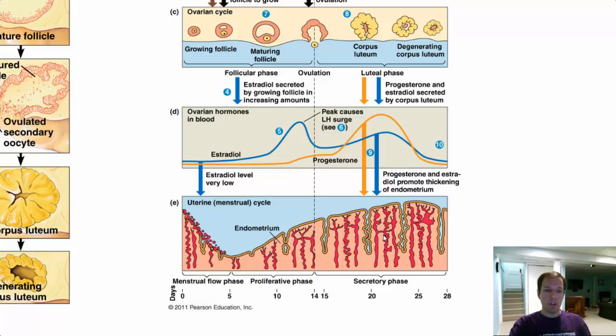Progesterone sends a message to the uterus, telling the uterus to increase even further the thickness and the blood supply to get ready. Because if this egg is fertilized and it ends up here, that egg needs to implant and use that blood supply in order to provide nutrients for the fetus. So those two are working together, the progesterone and the estrogen, to increase that wall.